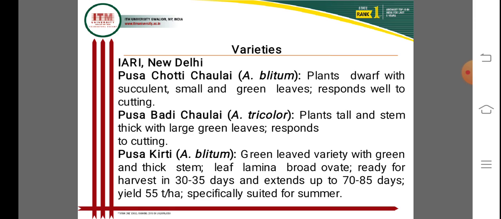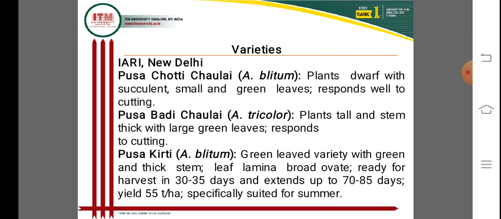They respond to cuttings, and the number of cuttings is important for maximum leaves and maximum area covered by greenish and reddish colors. Tricolor has different colors present in the leaves. And Pusa Kirti also belongs to blitum.